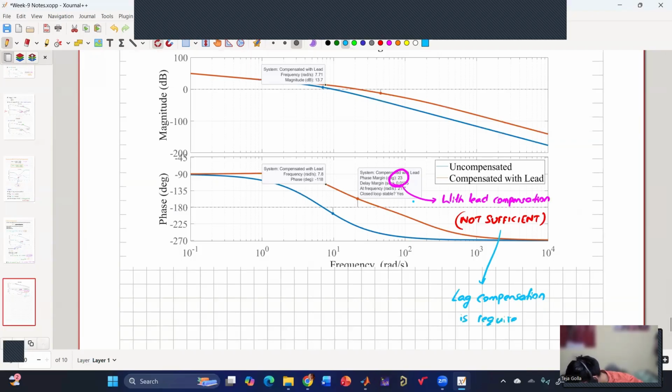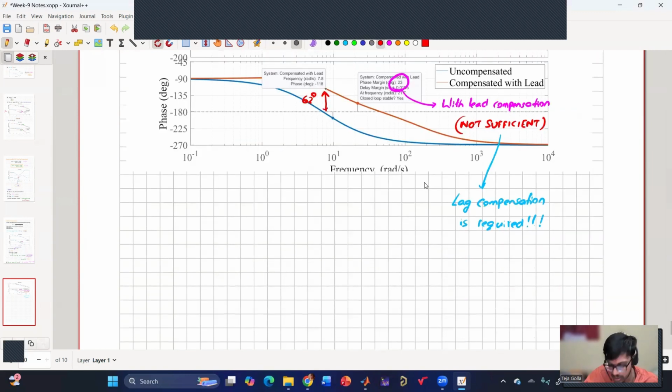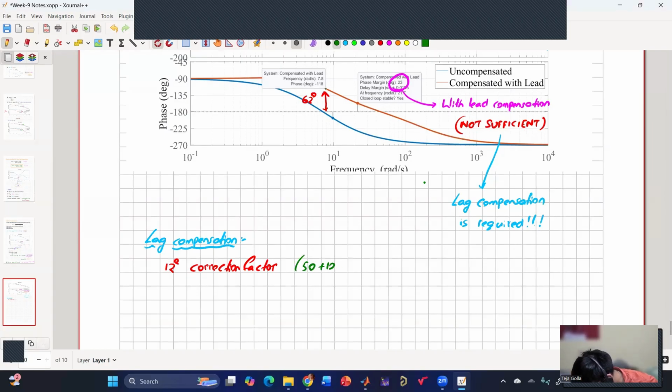Okay. For lag compensation, we'll see that frequency where I have considered the correction factor. For the lag compensation, I have considered a correction factor of 12 degrees. So that will result in 62, because it is 50 plus 12, that is 62 degrees.